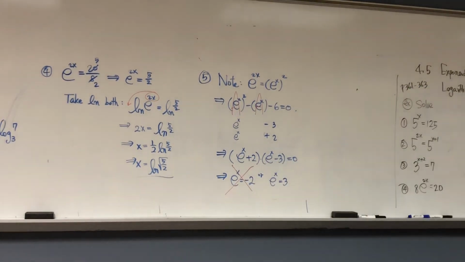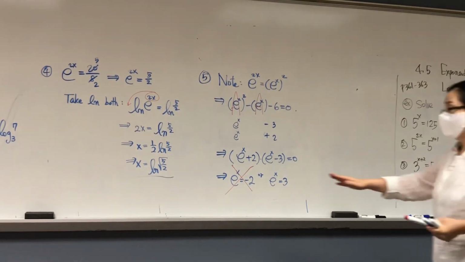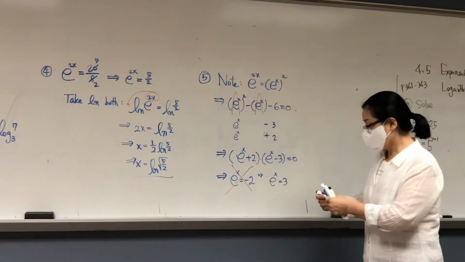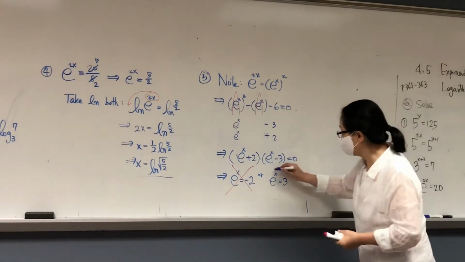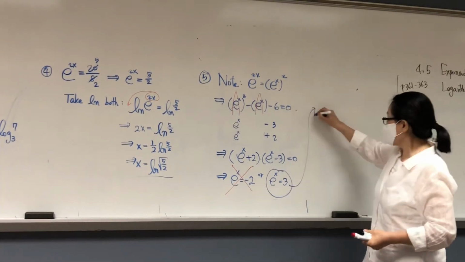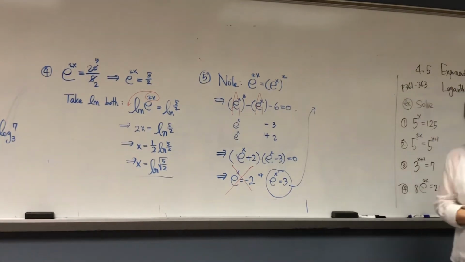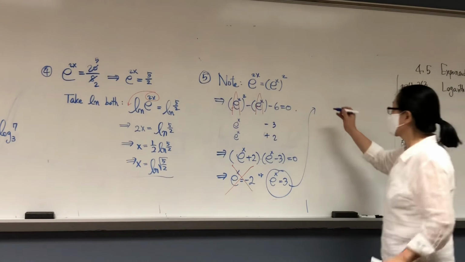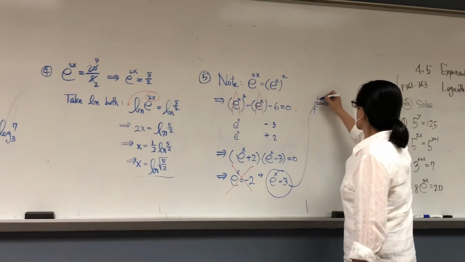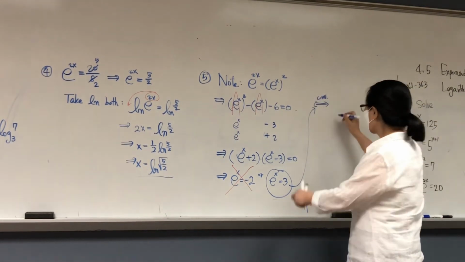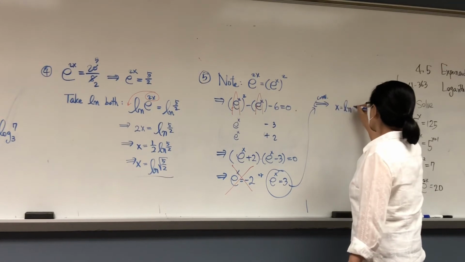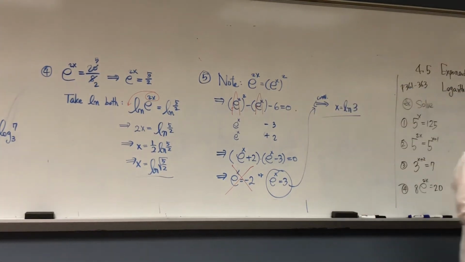Why? Exponential function is always above 0. So impossible. This is the only answer. How do you represent it by x? Natural log of 3, convert, right? So x equal to ln 3. That's it.